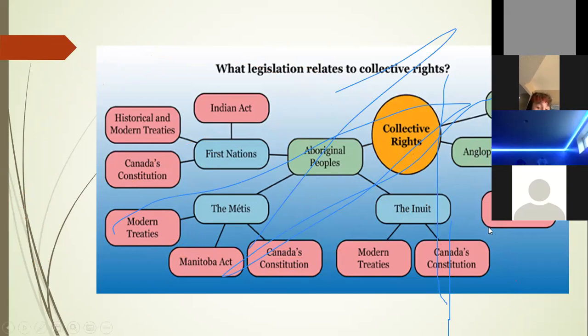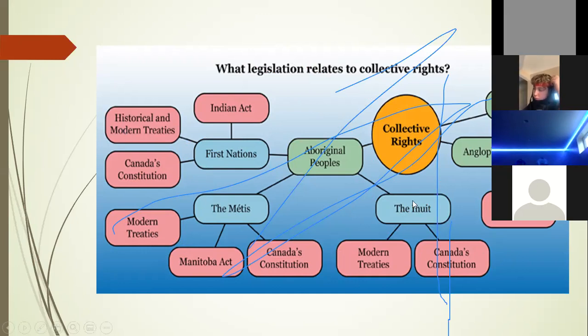Okay, so what you will notice though is that when we look at our Aboriginal peoples, when we break those down into the 3 subgroups, the First Nation, the Métis, and the Inuit, they have different pieces of legislation. For example, the First Nations have the Indian Act. The Métis and the Inuit don't have the Indian Act. The First Nations have historical and modern treaties.